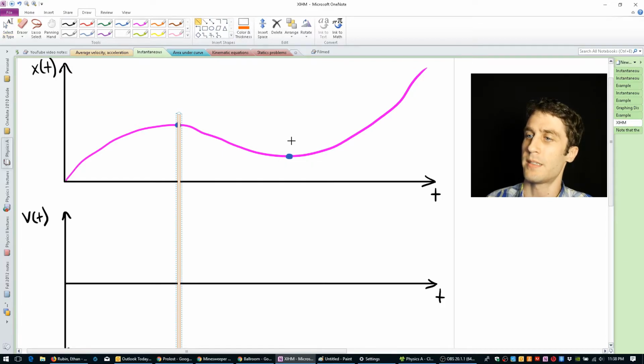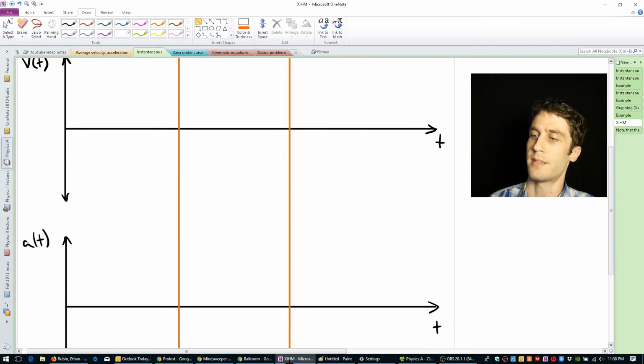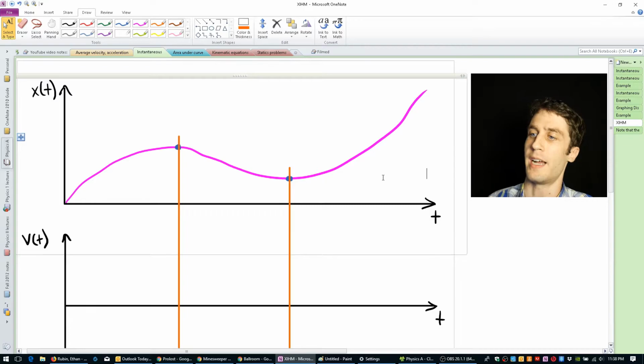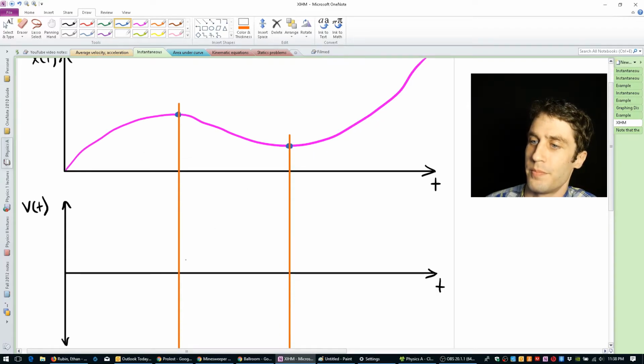Those are going to be places where the velocity is 0. If the displacement is minimized or maximized, or is otherwise not changing, then it's not moving to the left, it's not moving to the right, it must be stopped. So velocity is 0 whenever the displacement is at a minimum or a maximum, or otherwise levels off.